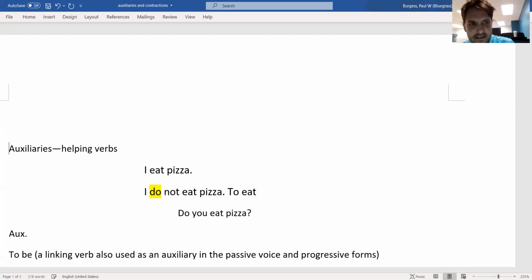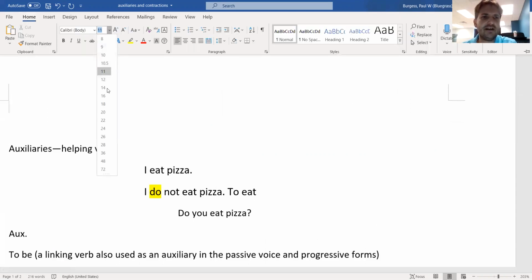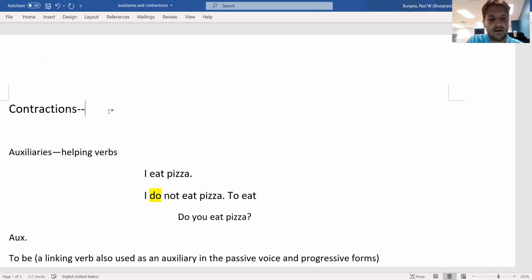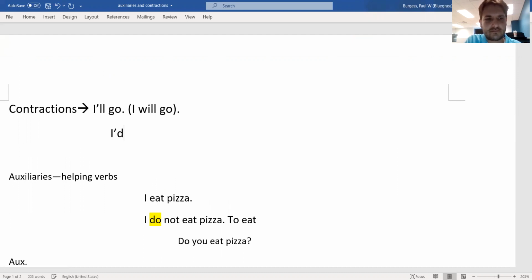So one of the things that I know really drives people crazy when they're learning English as a second or third language is our contraction system. Right? And remember, those are the short forms like I'll go for I will go, or I'd have been there for I would have been there.